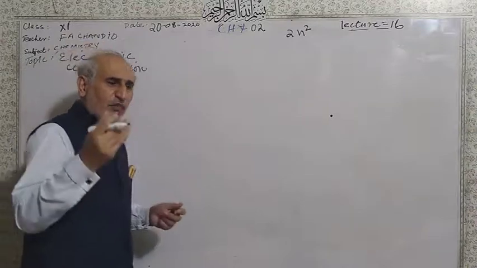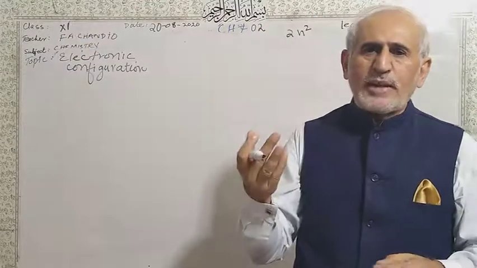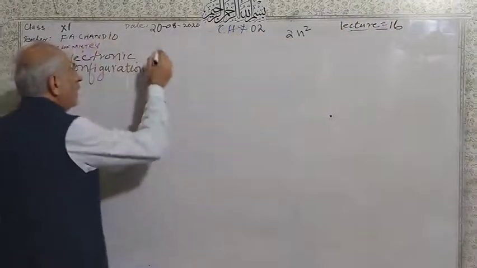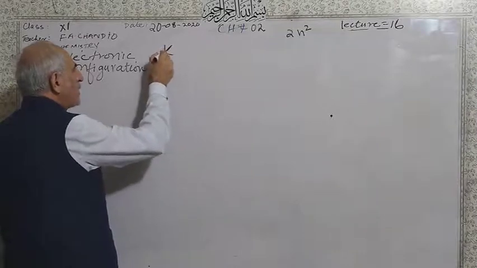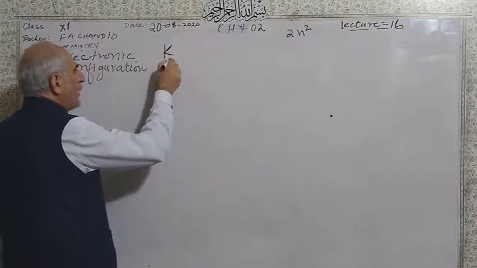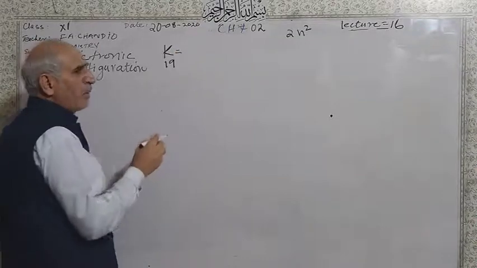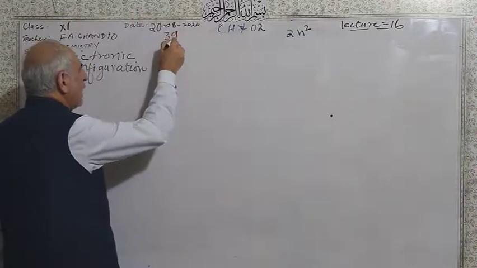There is a defect in the Bohr model. Let me write here what the defect is. Take potassium. Its atomic number is 19 and its atomic mass is 39.